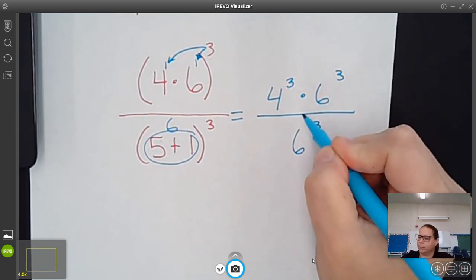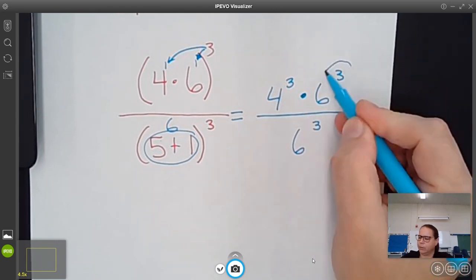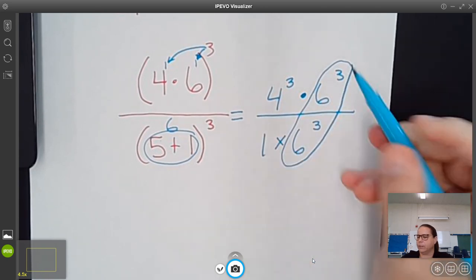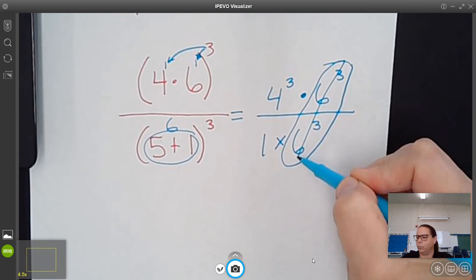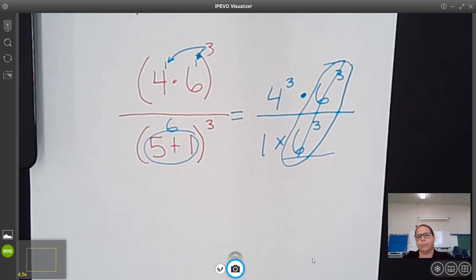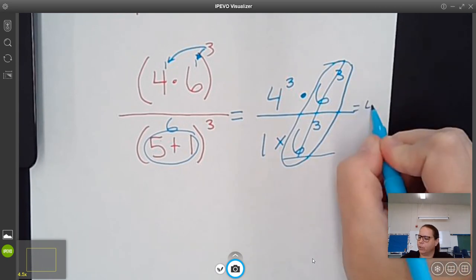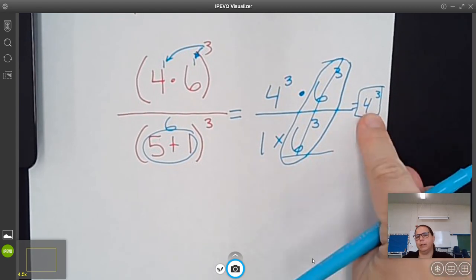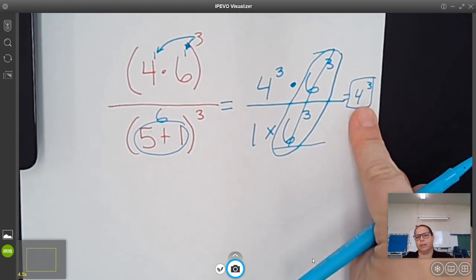But right here, these two things, if you have a fraction, because really this is 1 times this, this is a big giant 1. They cancel out. And so what you're left with is just 4 to the third. That would have been the correct answer here.